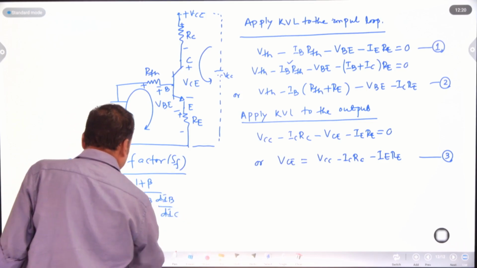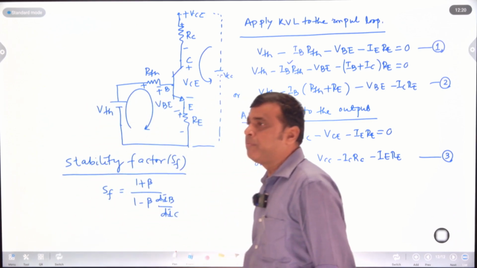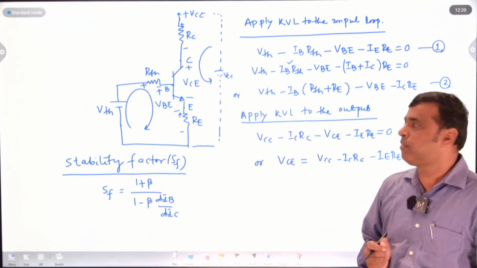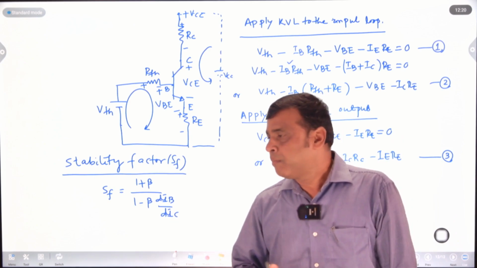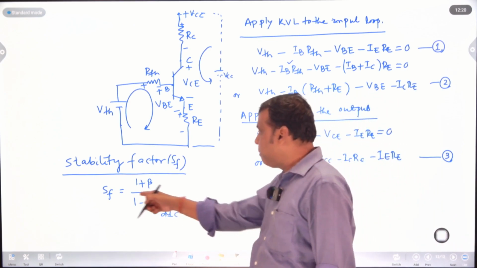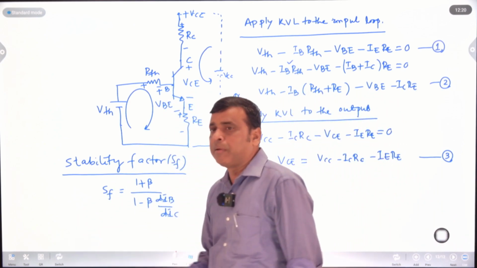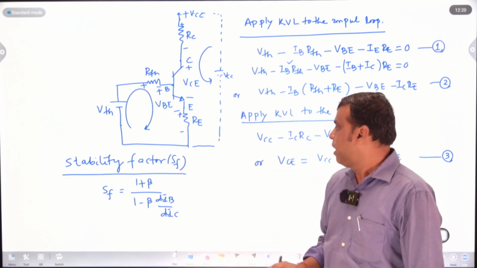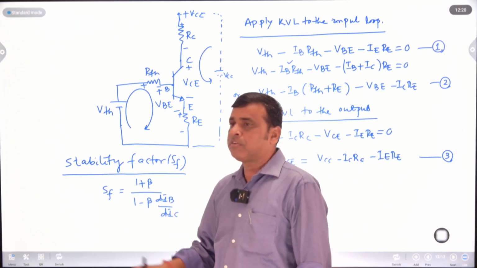This is the general expression used to judge whether a particular biasing scheme is suitable or not. If the value of the stability factor is less, the stability is more, and vice versa. If the value of the stability factor is more, the stability is less.